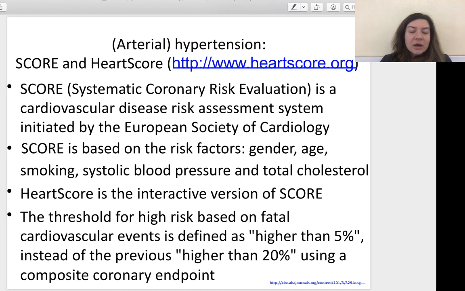HeartScore, it is a little bit of another scale, is the interactive version of SCORE. The threshold for high risk based on fatal cardiovascular events is defined as higher than 5%, instead of the previous higher than 20%, using a composite coronary endpoint.